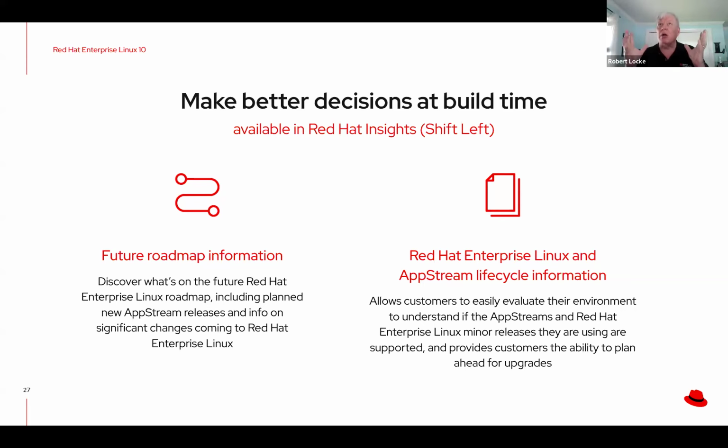This homework puts a large burden on the user to figure out what they need. So we want to package up and deliver the future roadmap information and the application lifecycle information as it applies specifically to your fleet of servers.